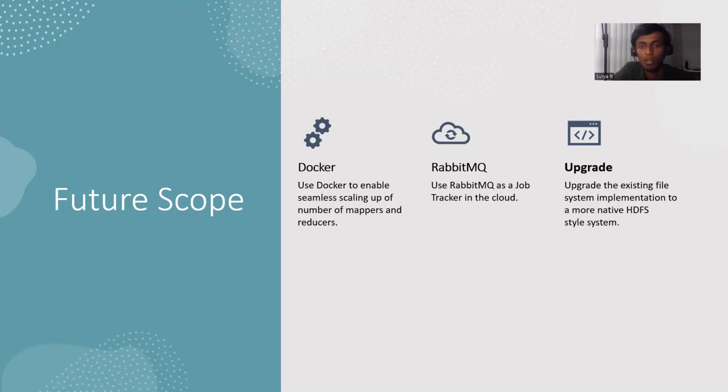So RabbitMQ can be the orchestrator to manage the tasks. And we could also upgrade the existing file system implementation. Right now it is on Firebase, so we could upgrade it to a more native HDFS style system.